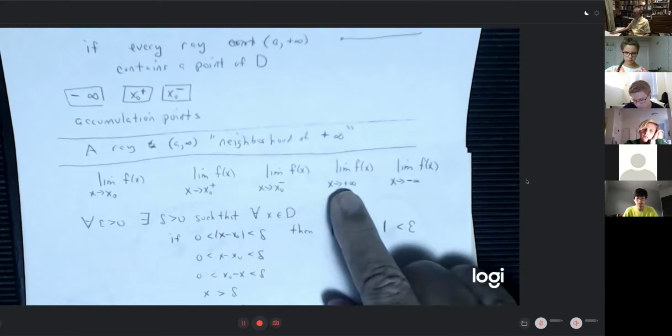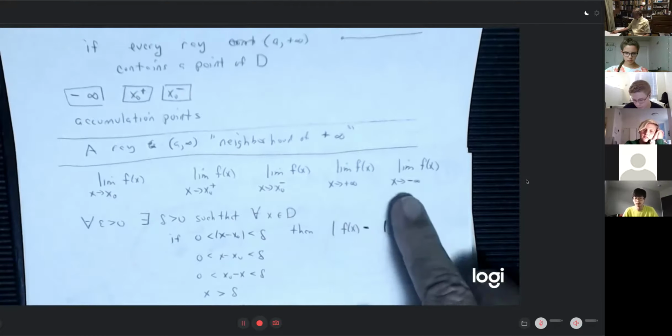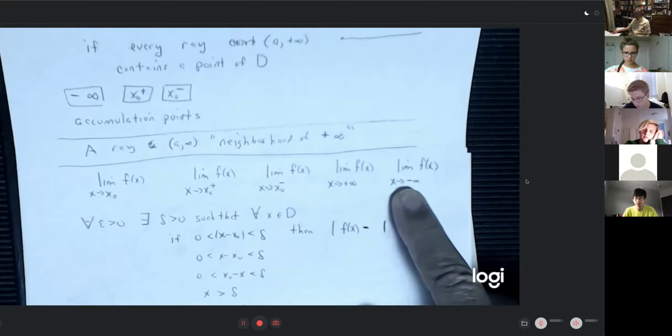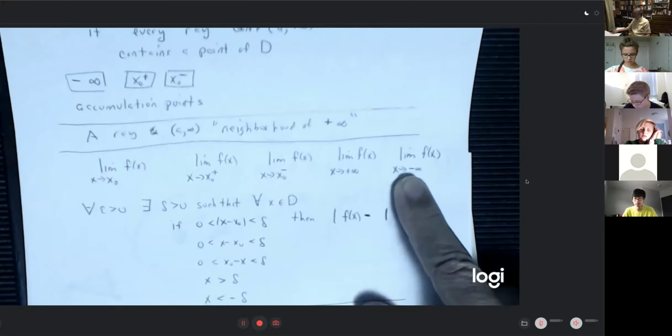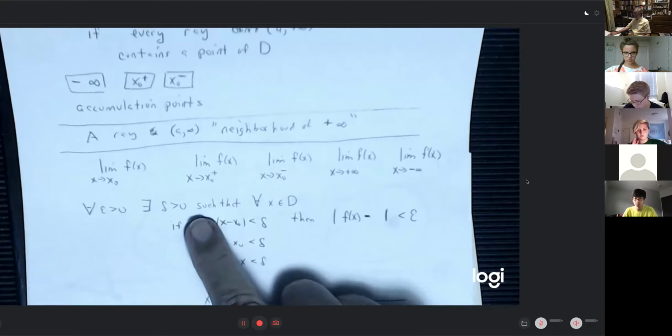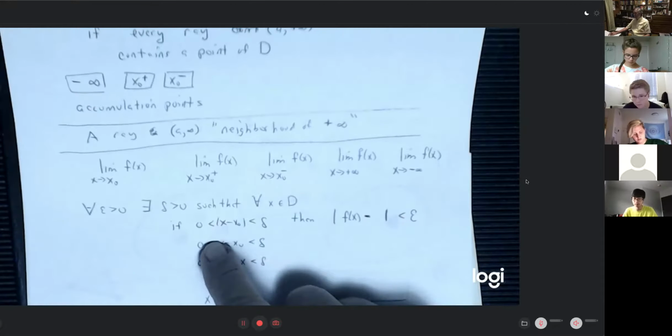This says we're heading to plus infinity, and this one says we're heading to minus infinity. Now, the text needs 5 different definitions. We only need 1. So however bad this epsilon delta definition is to you, it's not 5 things, it's 1.